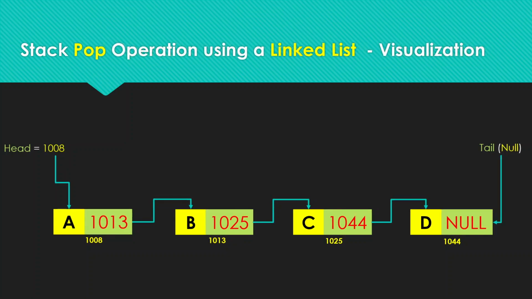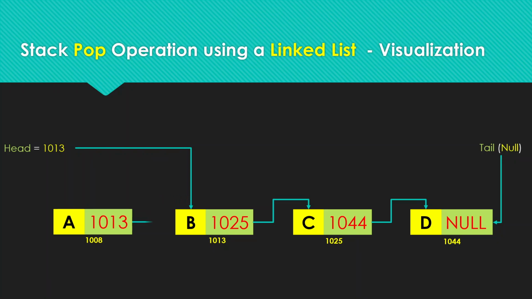Then we have the pop operation. So pop is just deleting. So to pop is even easier, because you just need to again check if the list is empty, because you cannot pop if the stack is empty, and if it's not empty, you simply point the head to the next node, so to head.next.